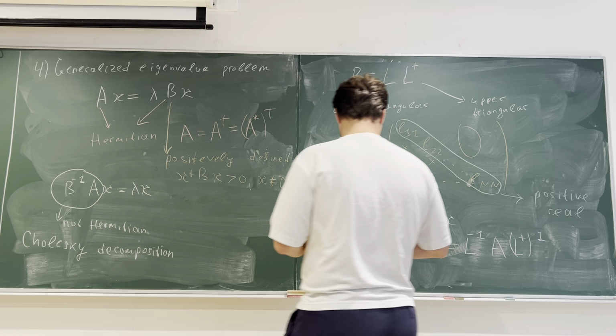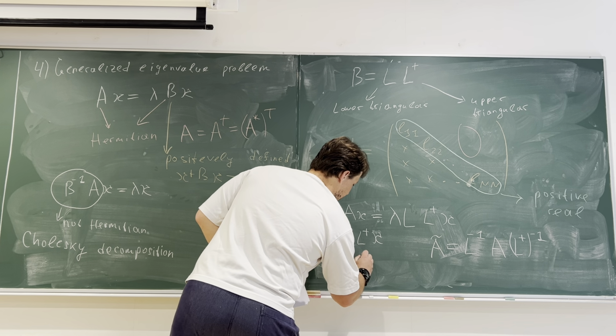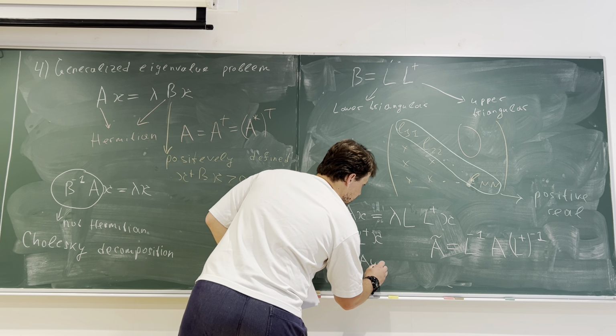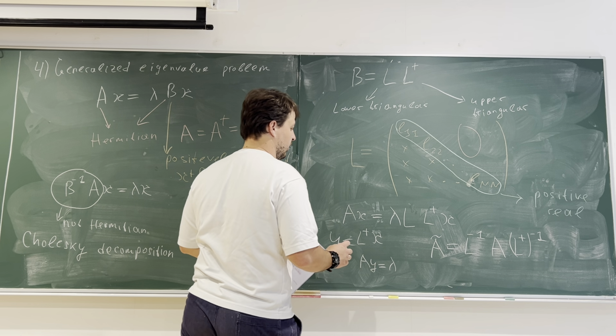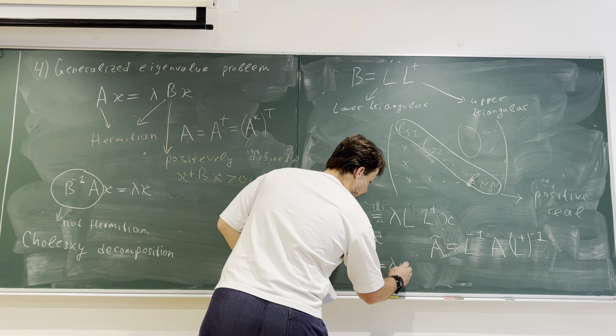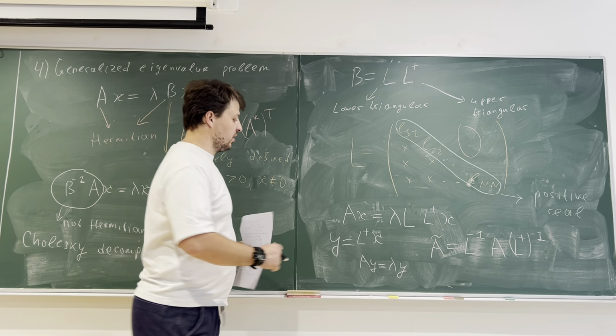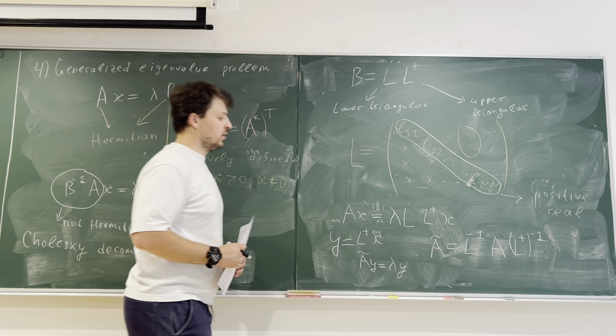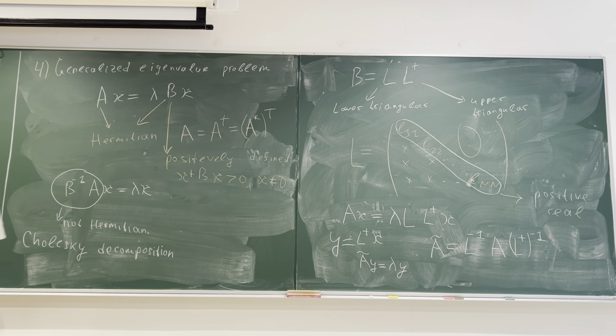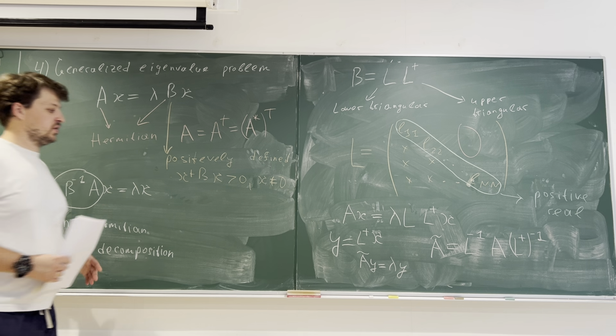So we have a problem A y equals theta y. So what we did, we reduced it. So how does the Rayleigh quotient change? Of course, we don't care about this decomposition.